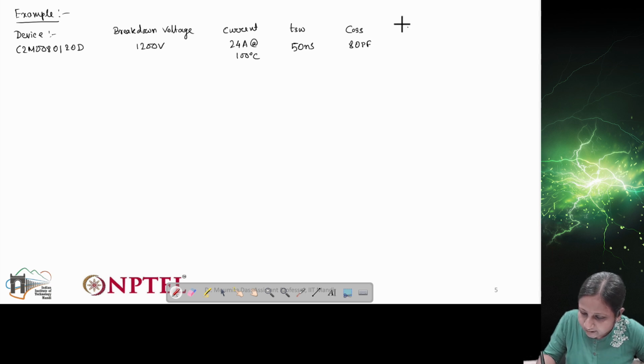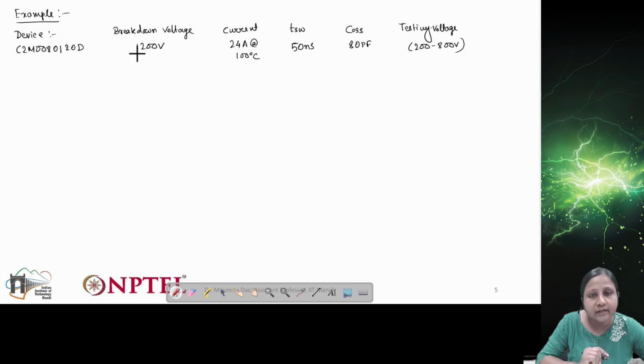Now the test voltage is given as 200 to 800 volts.